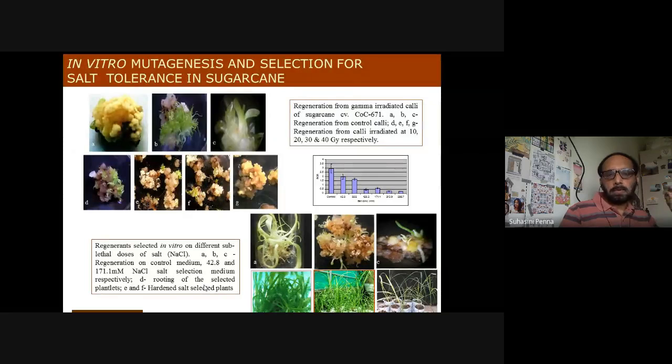And also you need to establish a particular dose of selection agent, in this case sodium chloride. So both are very important, because when you use a particular dose of radiation and then put it for selection, you require a proper selection medium ingredient component like sodium chloride.